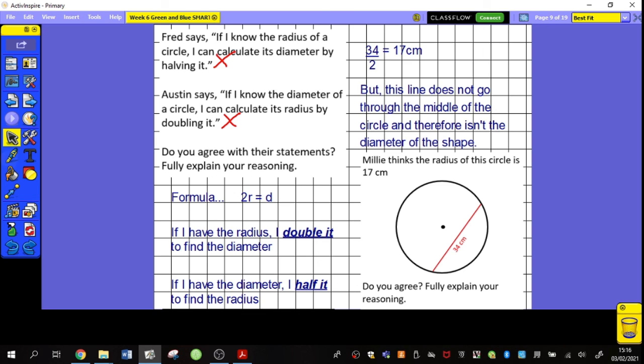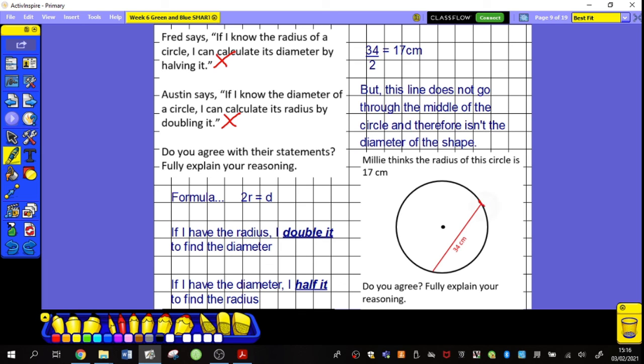Remember, a diameter goes from one point straight through the middle to the opposite point on the other side. So that would be my diameter, and as you can see, that line would be quite a bit longer than 34 centimetres. So she isn't using the diameter of the shape, so the radius isn't 17 centimetres. Everyone's wrong on this page.